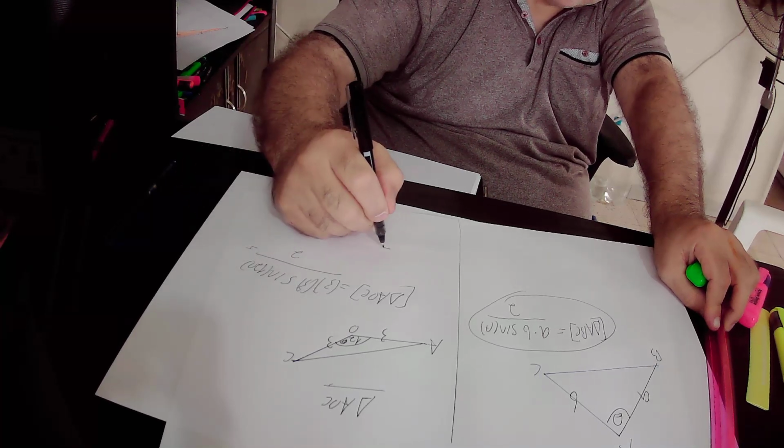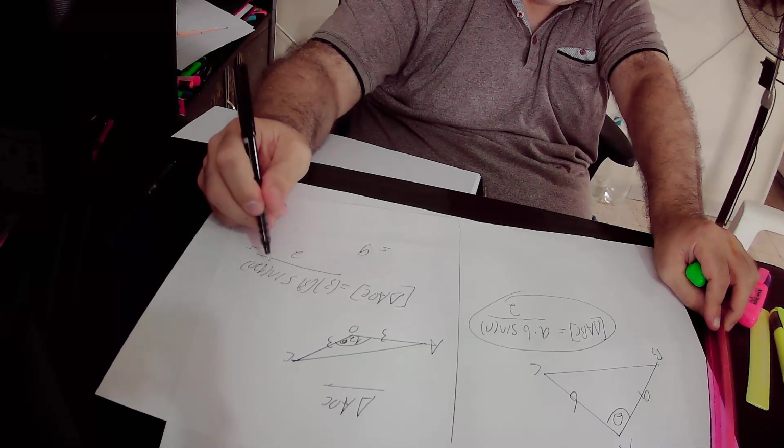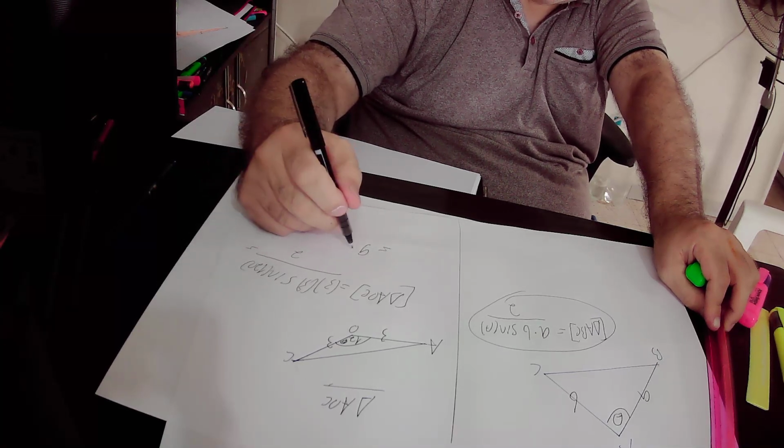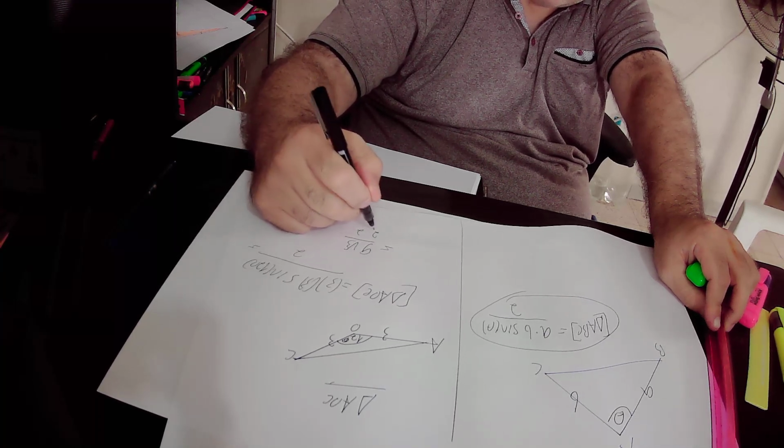That is to say, the area of triangle AOC equals 3 times 3 is 9, sine 120 degrees is square root of 3 over 2, all divided by 2.